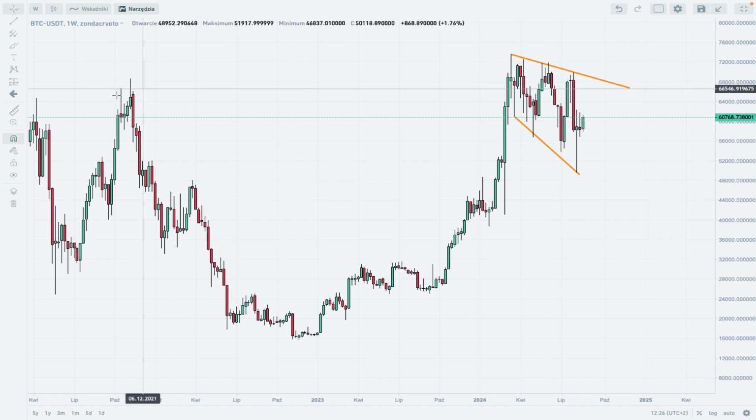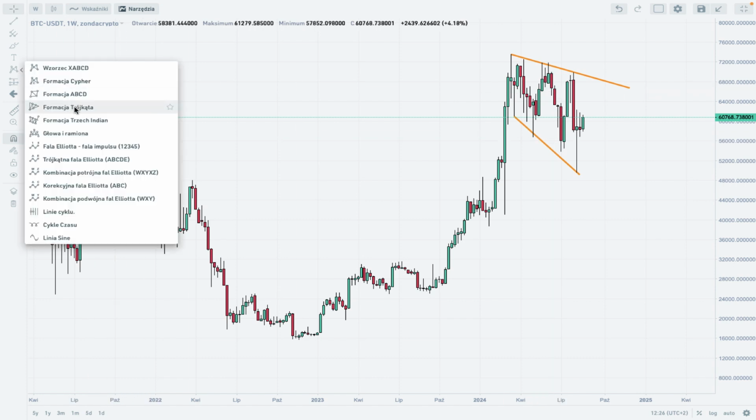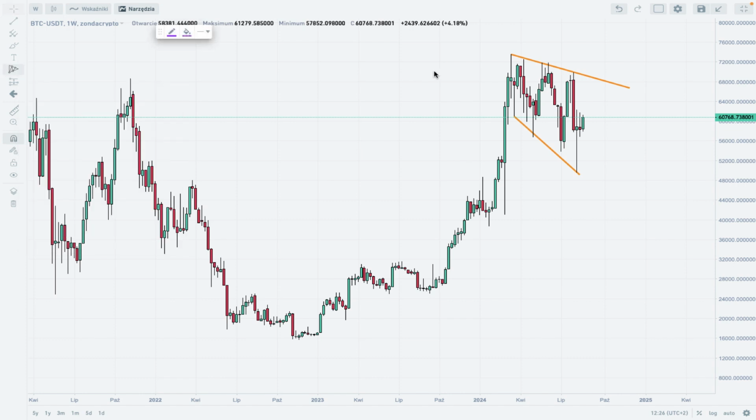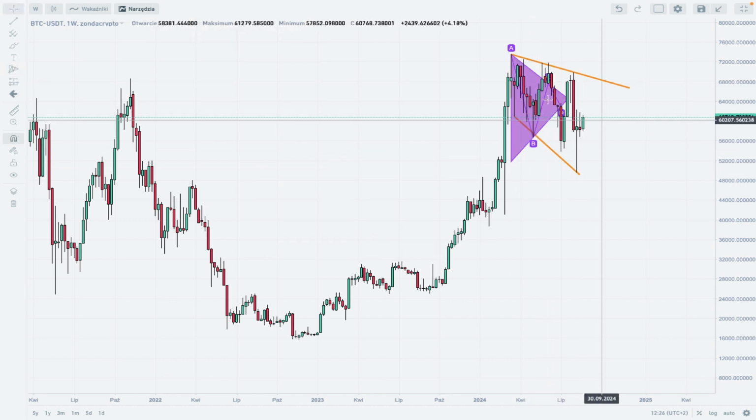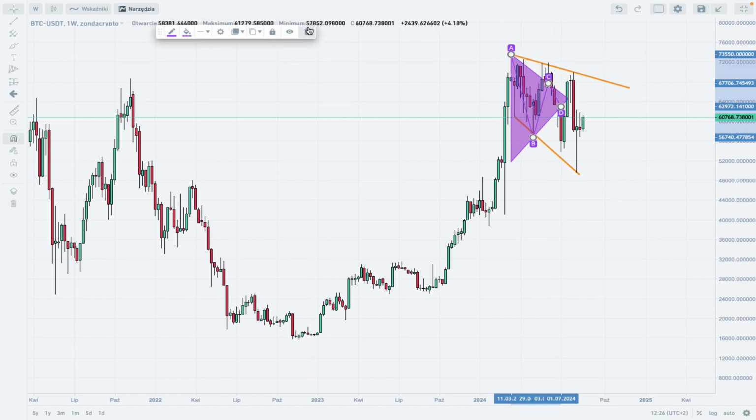So if we apply our triangle pattern, let's say we get this from the top, we got the wave A, wave B, wave C, wave D. Okay, that's not the correct one. Let me just get rid of it.